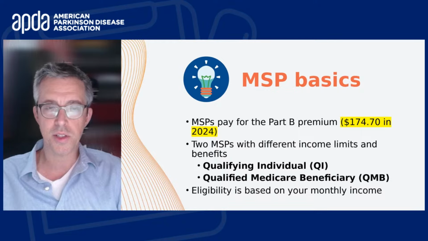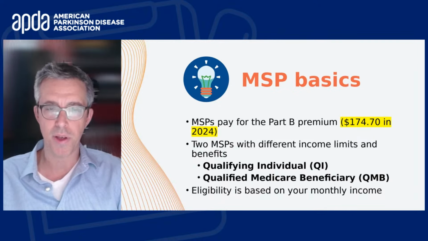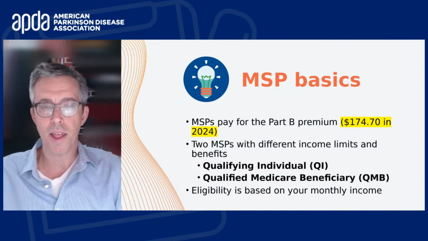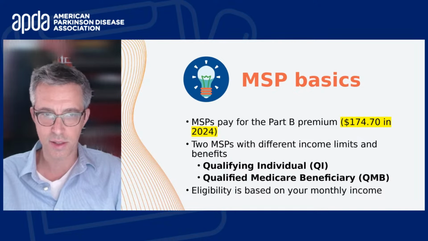Not listed here is specified low income Medicare beneficiary, or SLMB, and qualified Medicare beneficiary, QMB. And its eligibility is based on your monthly income, and in other states, it's based on income and assets.